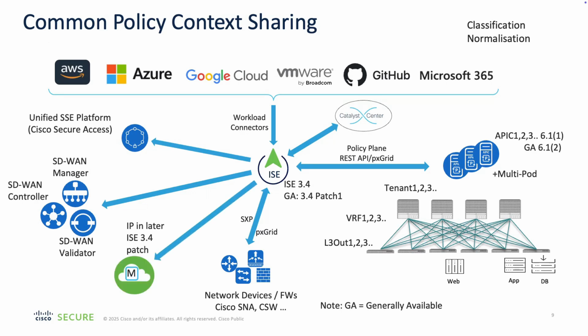And also Meraki Dashboard. Again, sharing this information to Meraki Dashboard so you can enforce perhaps in branches using Meraki devices using groups learned from other domains. So this is the real power of the solution.